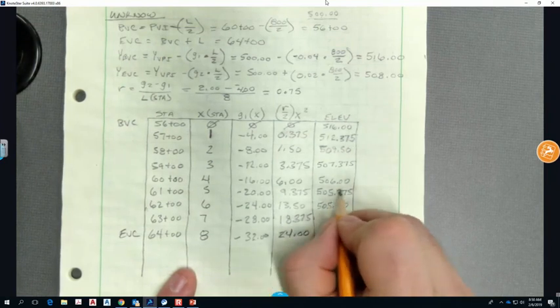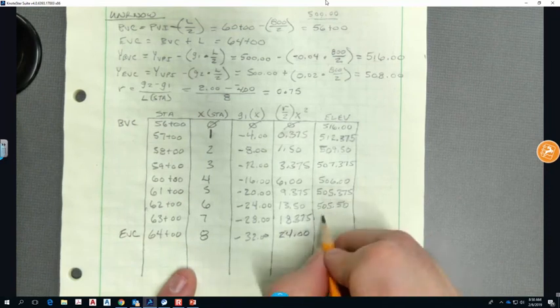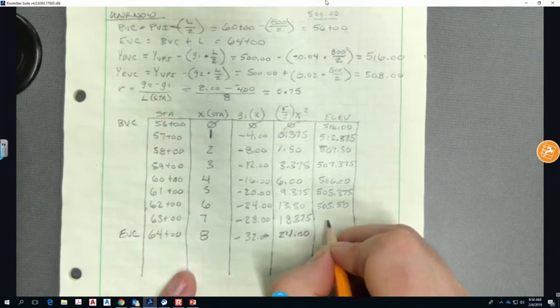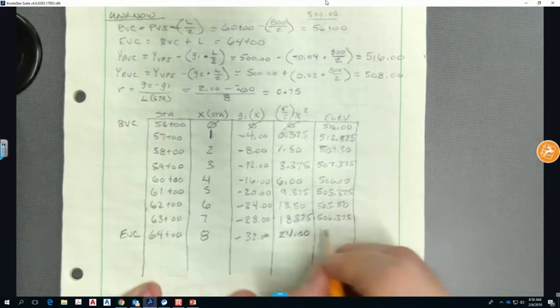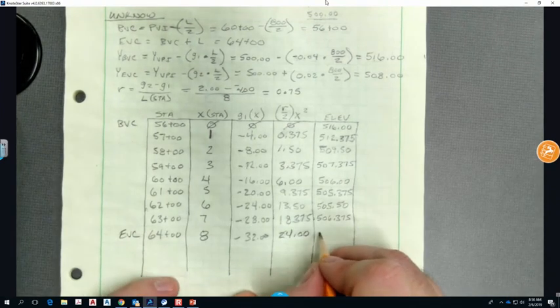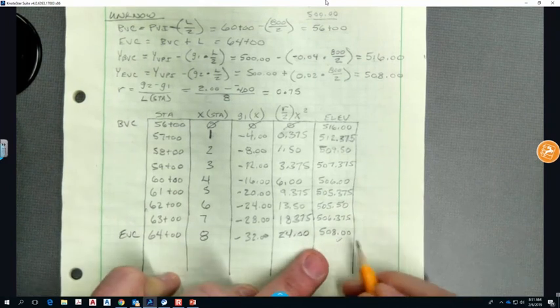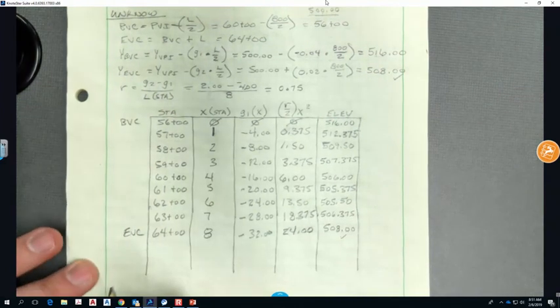Okay, so we must have hit our low point here somewhere. If you look, it's right around 61 plus 00. We hit our low point. 63 plus 00: 506.375. And then EVC, this is our check. So it's basically plus 8, 508 plus our 0.00. Okay, it checks. We're good.